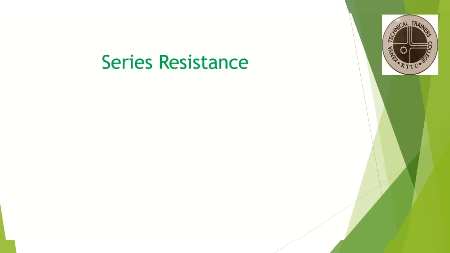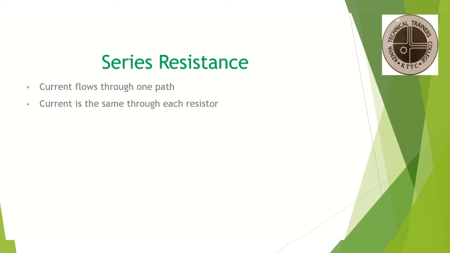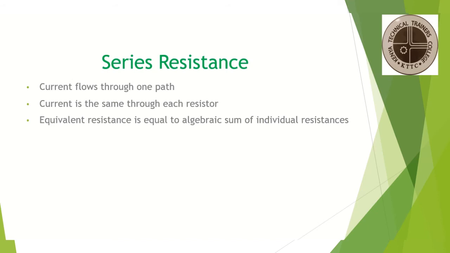Series resistance. This is whereby current flows through one path. Current is the same through each resistor. Equivalent resistance is equal to the algebraic sum of the individual resistances.